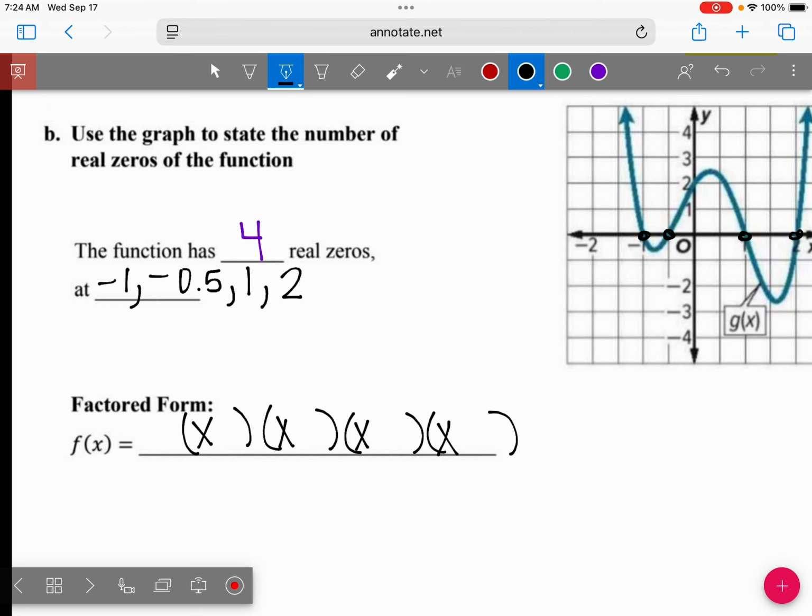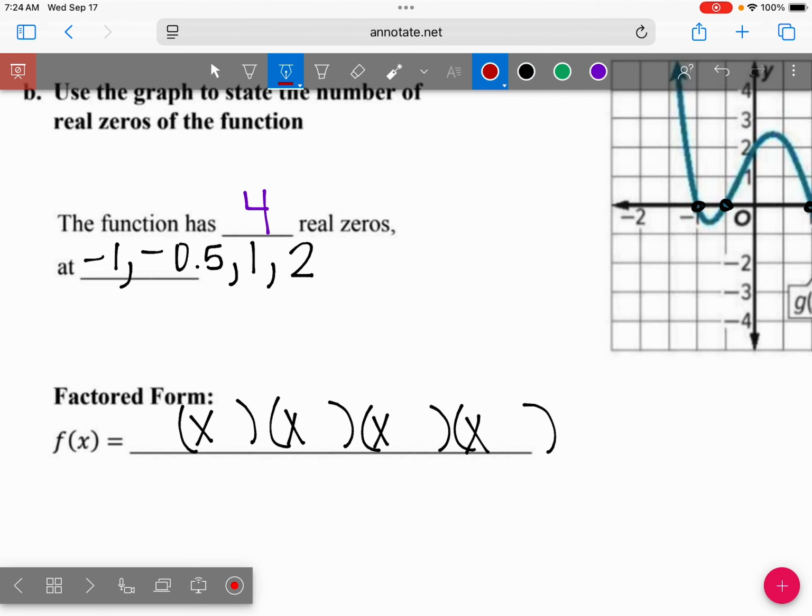And remember, when you go from here to here, we just flip the signs. So the first one is at -1, so I'm going to put a +1. The second one is at -0.5, so I'm going to put a +0.5. Ran out of space a little bit. Hold on, let me fix that because that's going to bother me. Make sure my 0 can fit.